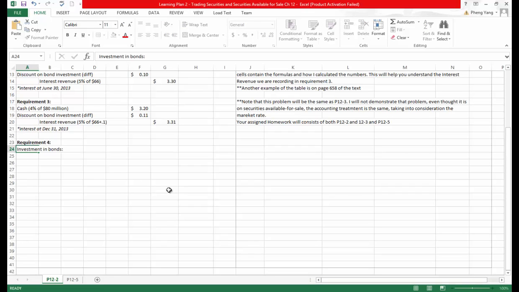So investment in bonds, this is how it's going to look on the balance sheet. You can have your investment in bonds of the 80 million, less a discounted bond investment.